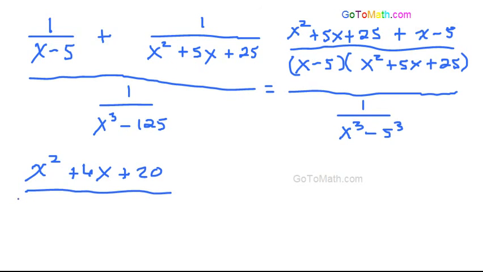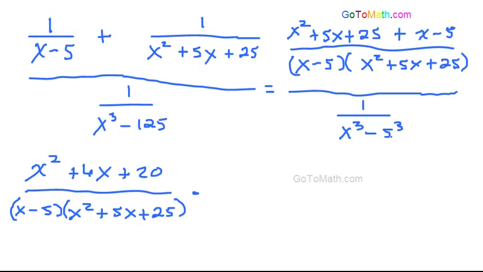And then that's all over x minus 5 times x squared plus 5x plus 25, times, and then we'll flip this fraction.